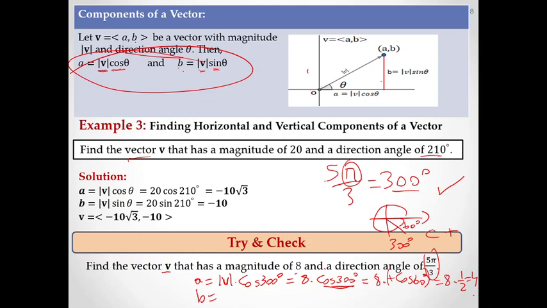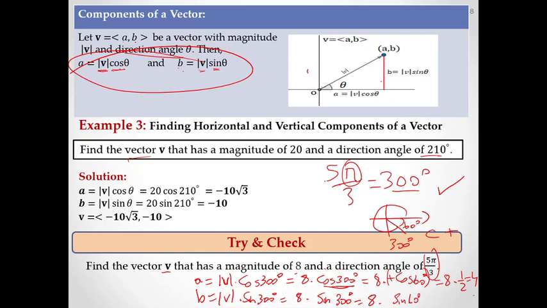And B is the magnitude times sine 300, 8 times sine 300, and this will be 8 times sine 60.